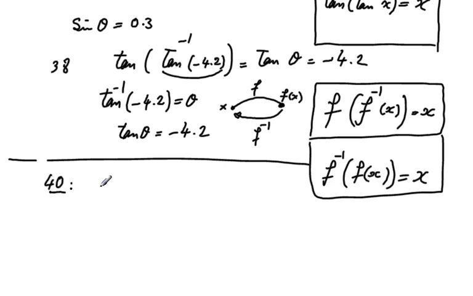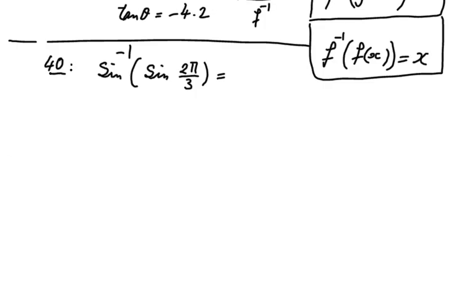Suppose we take 40. It says, what is sine inverse of sine of 2 pi third? 2 pi third is some angle. You can go ahead and try to find sine of 2 pi third. That is going to be some number.